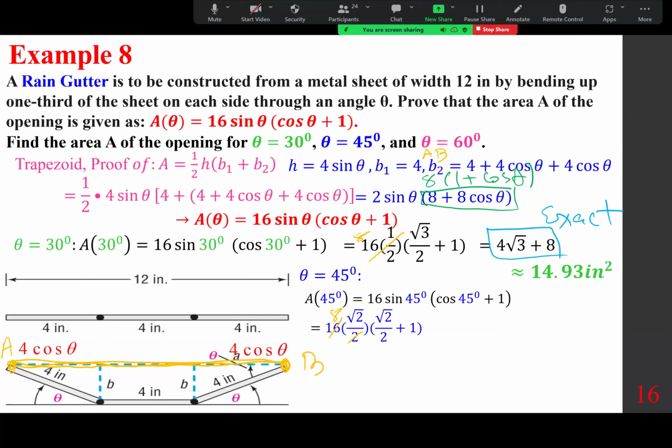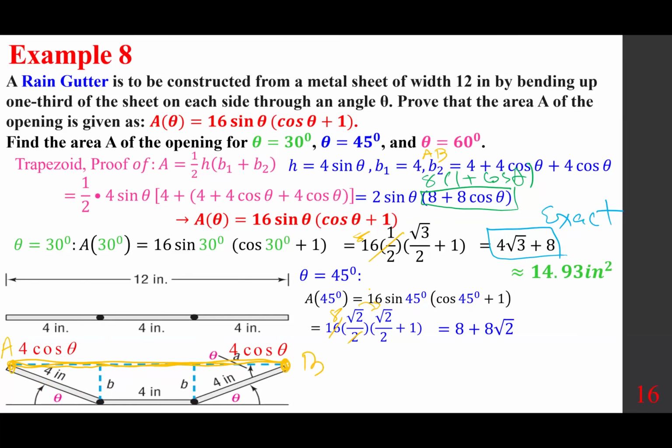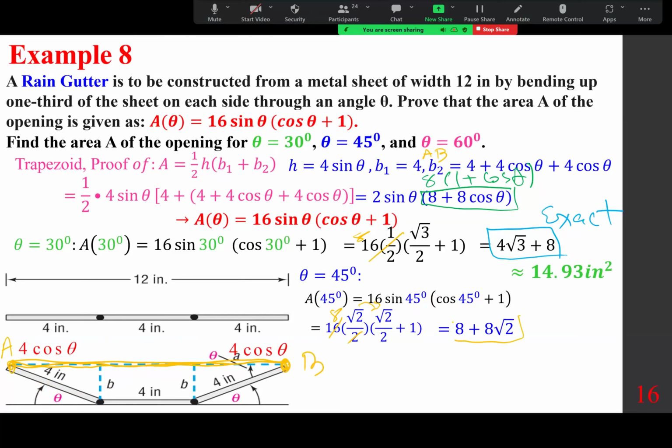This goes away. So 8 square root of 2. When you multiply these two, square root of 2 times square root of 2 is 2. 2 times 8, 16. Divided by 2 is 8. And if you multiply it by 1, it's 8 square root of 2. Again, exact answer, everybody. Exact. Put it into a calculator. 19.31 inch squared.